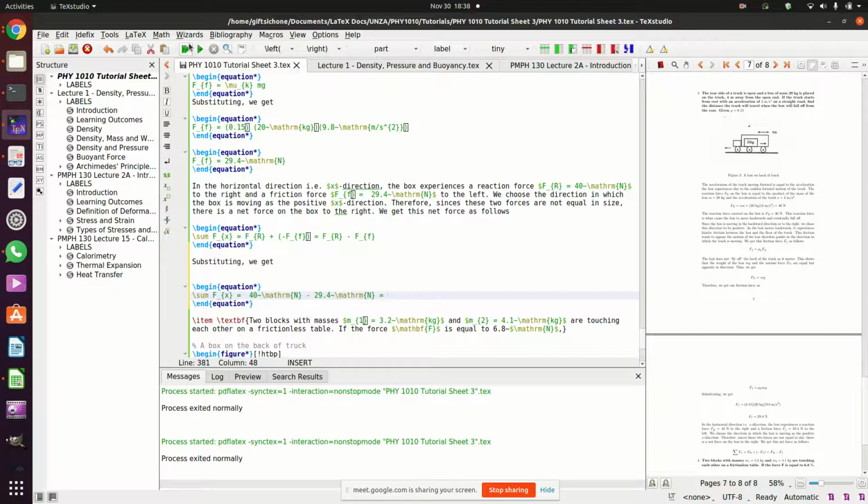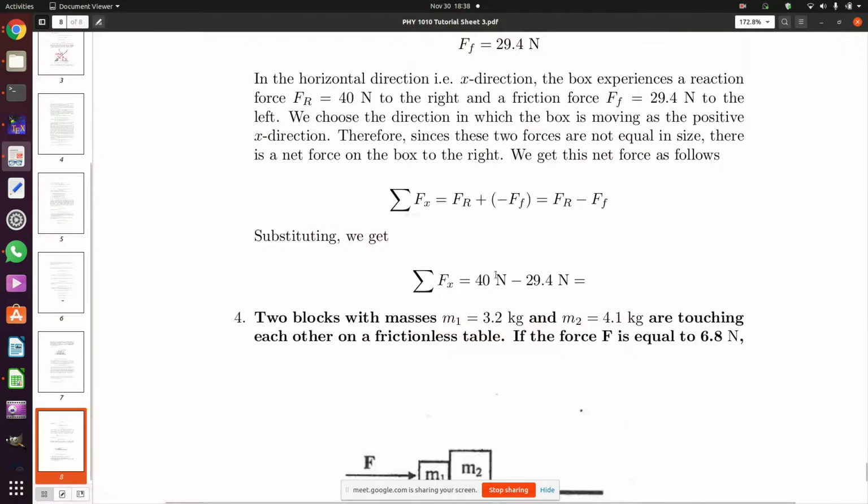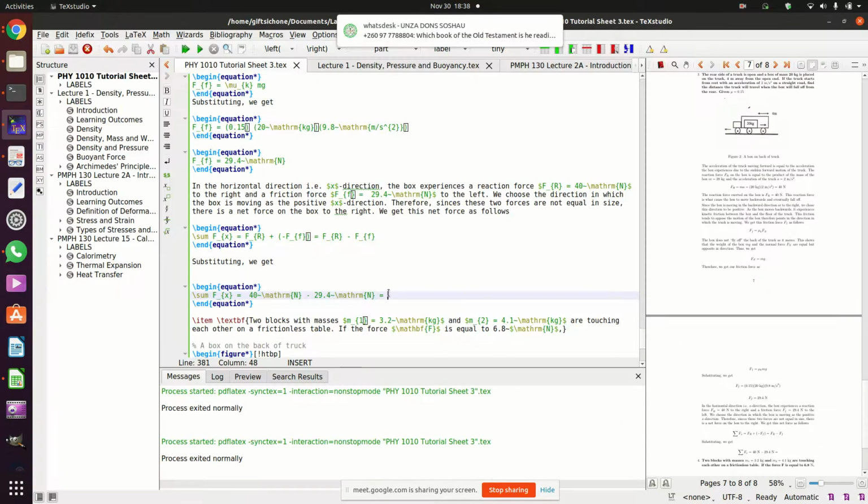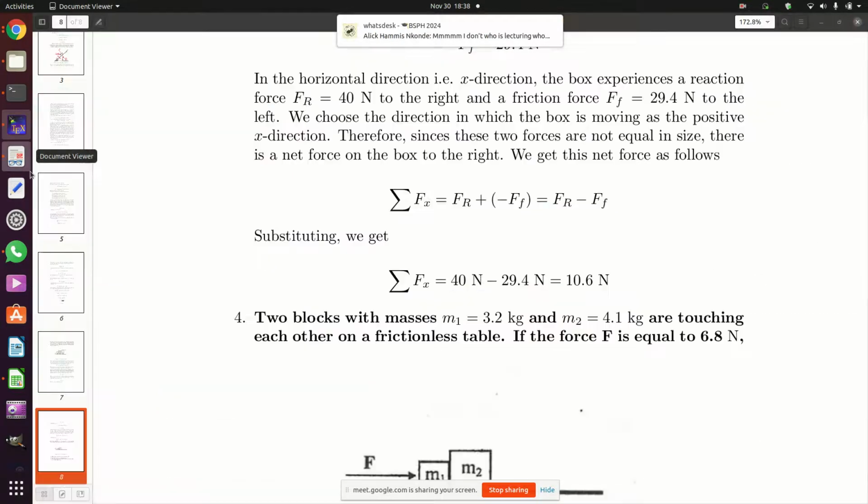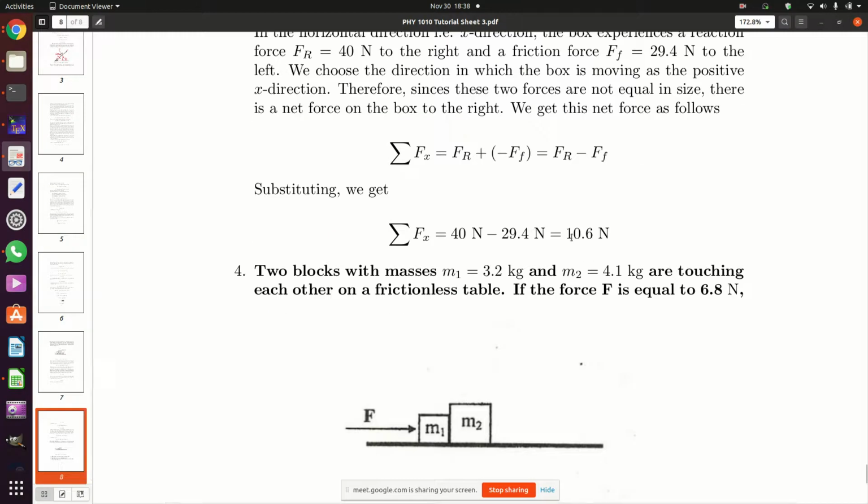How much does that give us? 40 minus 29.4 is 10.6. So we get the net force as 10.6 newtons. Is this clear? Yes, sir. Okay.